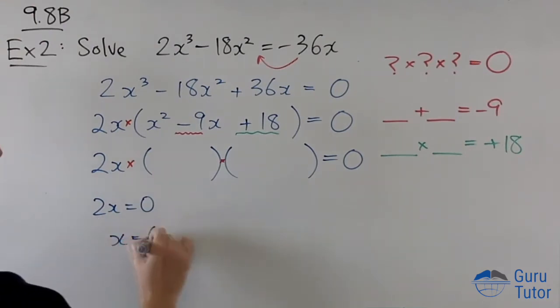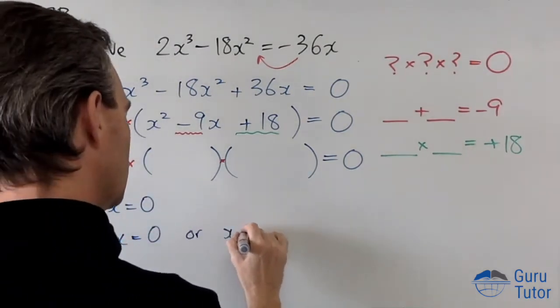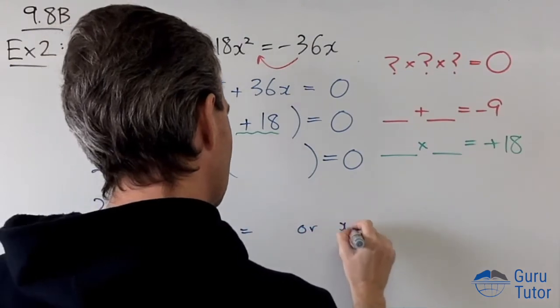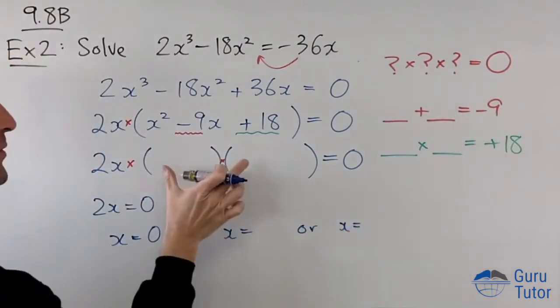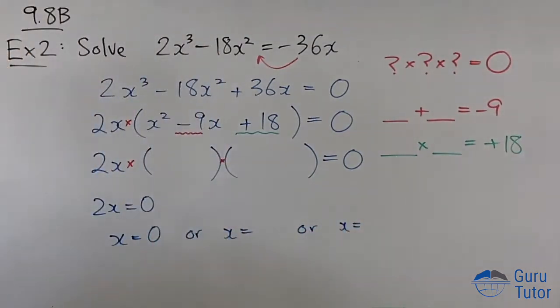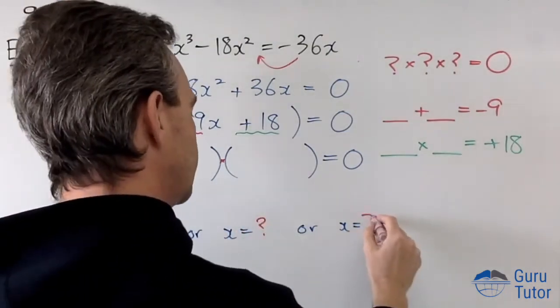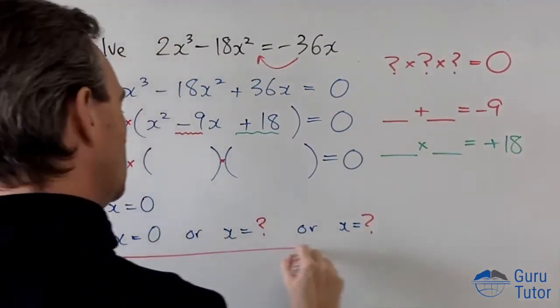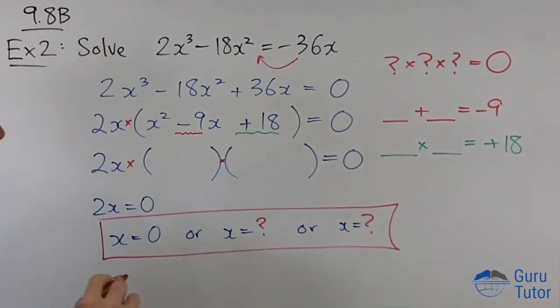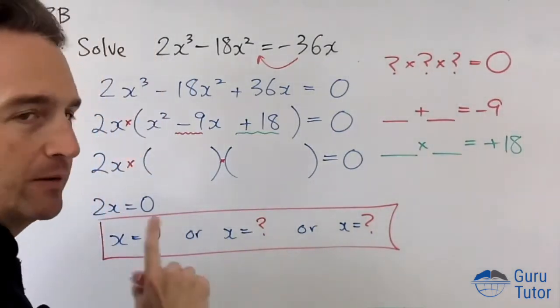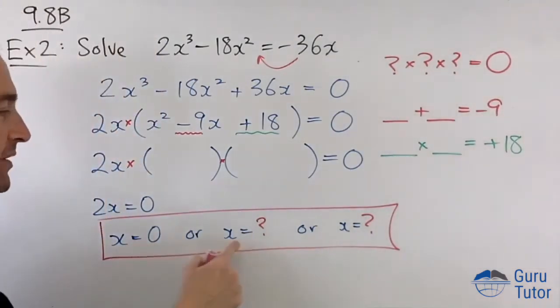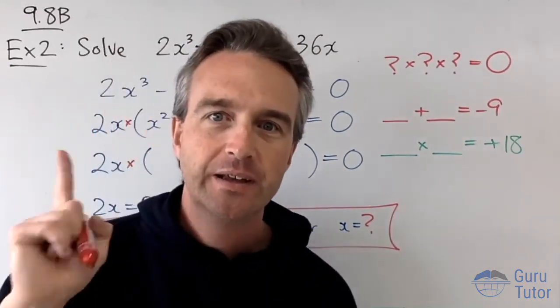X must be 0. Or, and these two, once you've factored that, are going to give you 2 more solutions. So this has 3 solutions, or zeros or roots. Can you write them all out for me and write your answers in the comments? X equals 0, and what are the other 2? Give that a try.